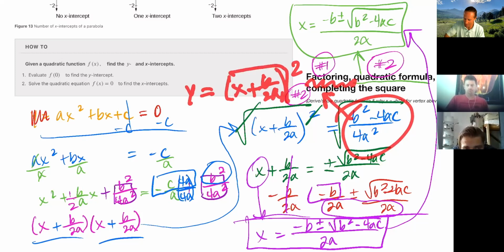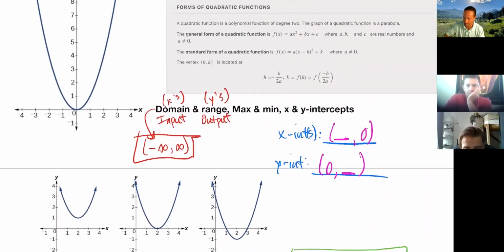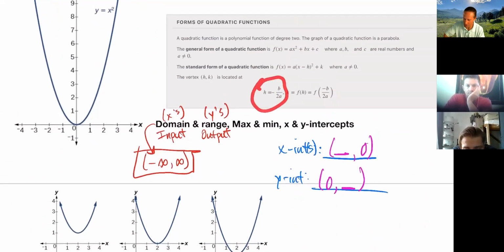And do you guys see why this right here was what we called h a while back? You remember what we said? Since it was an x, we would take the what of this? The opposite. And that's why your h is actually negative b over 2a.